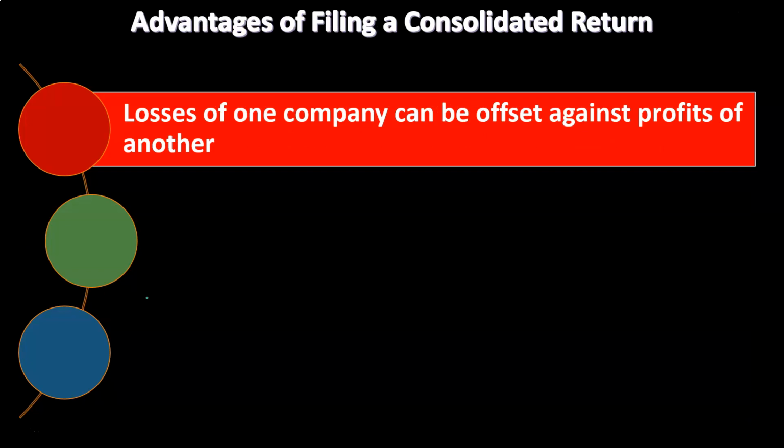Advantages of filing a consolidated return. So you might say, well, okay, what if I have the option of the consolidated return for taxes or filing two separate returns? What are the advantages and disadvantages? So we're talking here about the advantages of filing a consolidated return, meaning subsidiary and parent put together, one return filed. Losses of one company can be offset against profits of another. That's pretty nice. If you had a subsidiary that had a loss, then possibly you can take that loss against the parent company because you're filing the entity as if they are one entity.